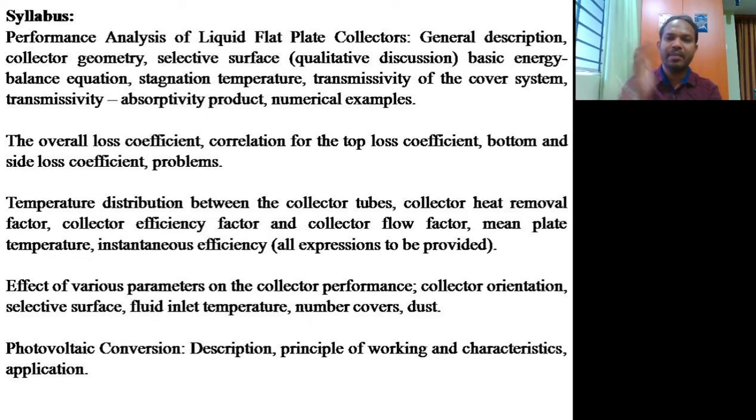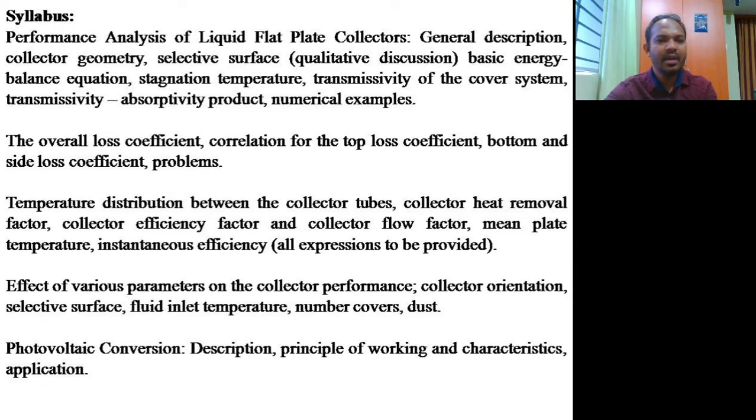When you have a flat plate collector like this, there will always be losses incurred by the side and by the bottom, and then maybe the top losses, that we briefly discussed in the previous module, where we studied the shading factors and the dust which is going to be placed on the surface of the flat plate collector. That all comes under the top loss coefficient, and how to correlate them mathematically. We are going to talk about those things in this module.